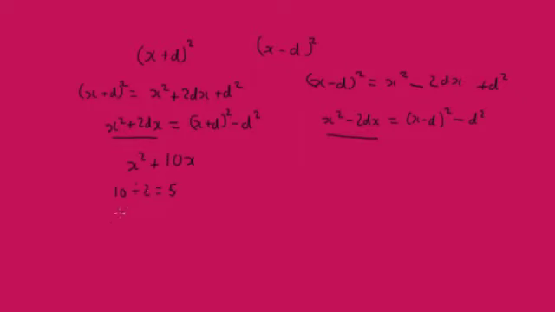So we can factorise this as being x squared plus 10x equals x plus 5 squared minus, now d is 5, so d squared is 25. And that's the factorisation of this expression.